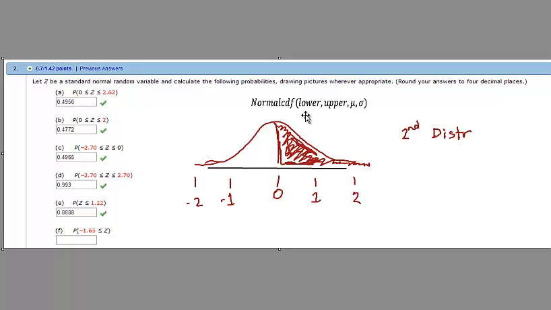My lower limit obviously would be 0 right here, my upper limit 2.62. My mean, because it is a standard normal, it's in the Z format, would be 0 and the standard deviation would be 1. On my test or piece of paper, I would write normal CDF.